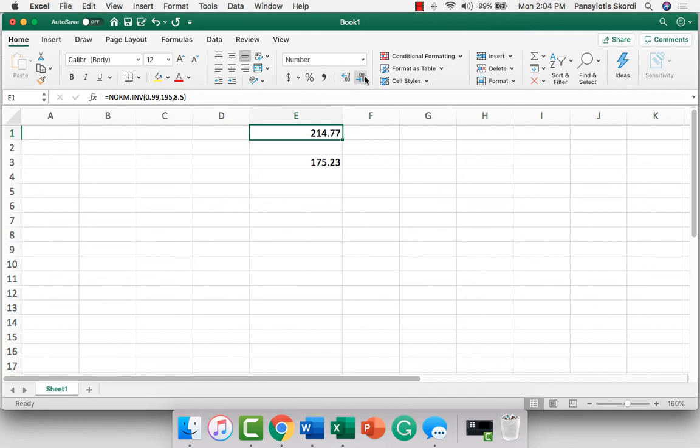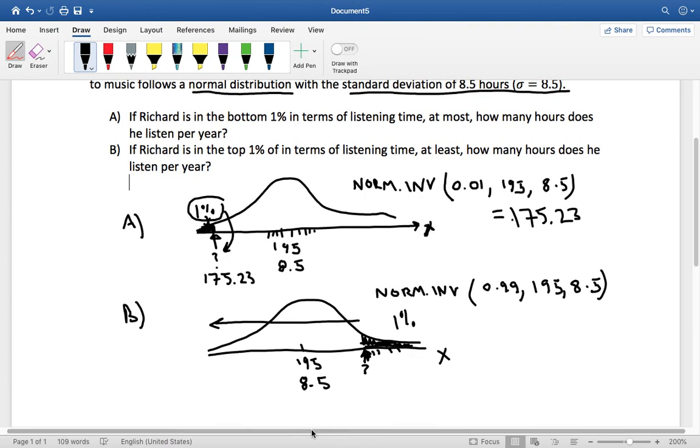So going back here, this equals 214.77. So the top 1% of Americans, in terms of listening to music, spend at least 214.77 hours per year listening to music. They may well spend more time listening to music, but they spend at least 214.77 hours.